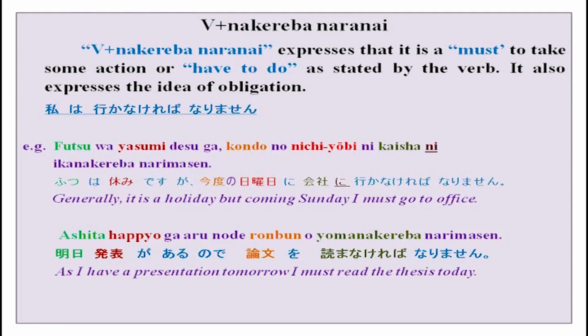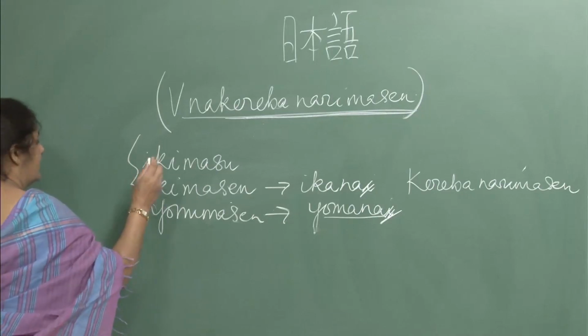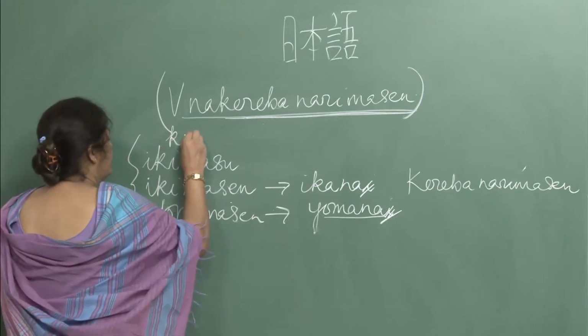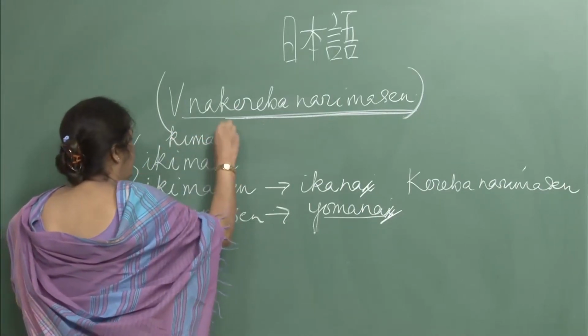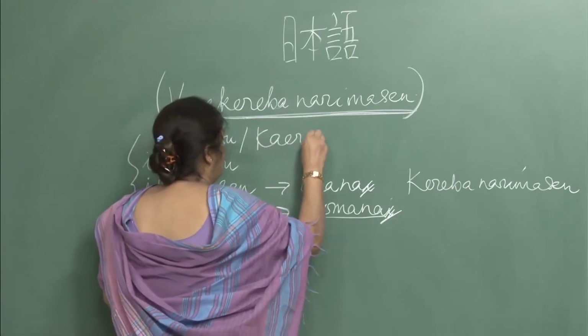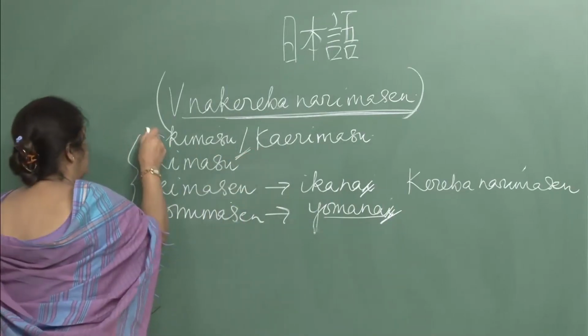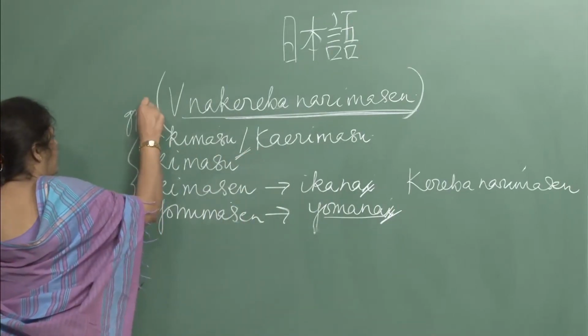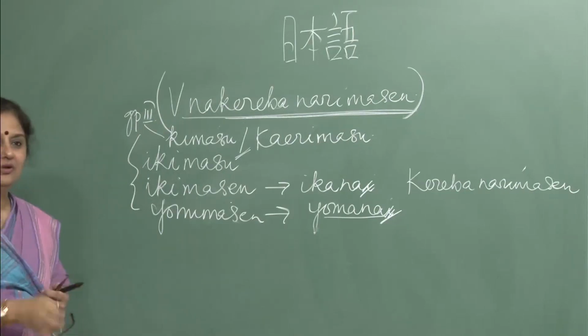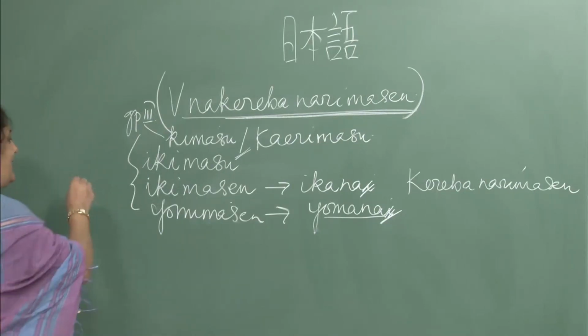Now, over here ni is given, and so far with this verb ikimasu, kimasu and kaerimasu, these two are in group 1, this is in group 3 over here. We have always used e with ikimasu.